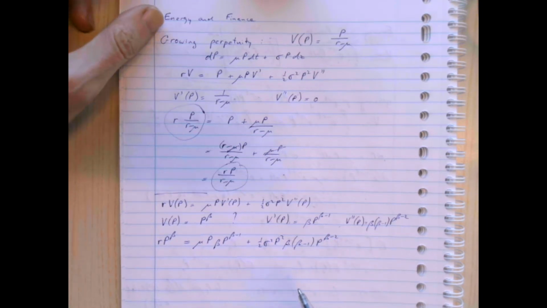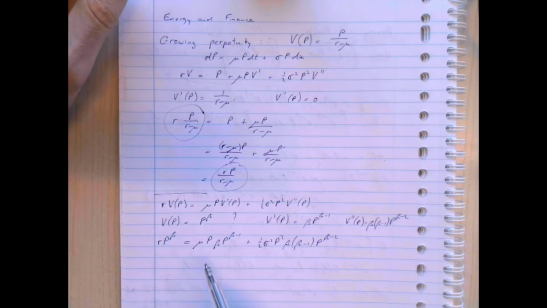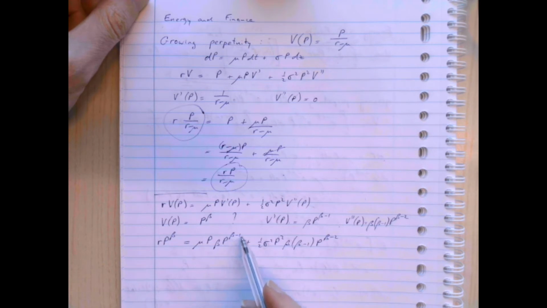Now what you might notice is that here we have P to the power beta, here we have a P times a P to the power beta minus 1, well that's of course also P to the power beta, and here we have a P squared times P to the power beta minus 2. Again, let's add up the exponents, which makes it P to the power beta, so we have P to the power beta all over the place.